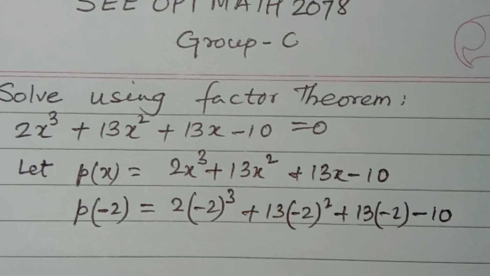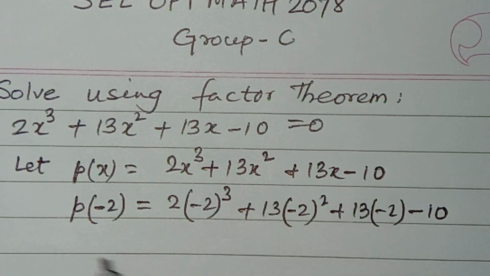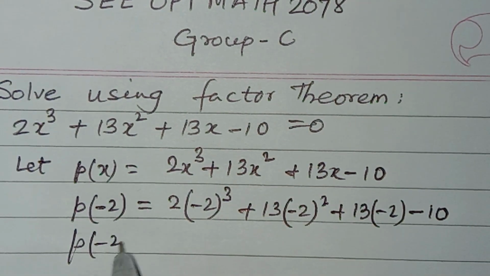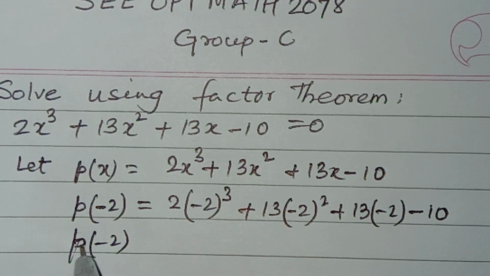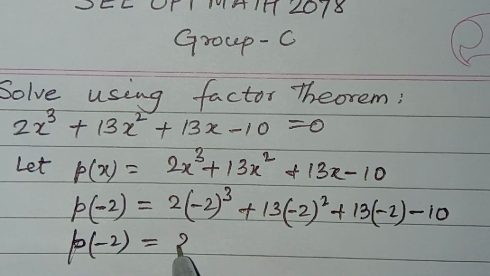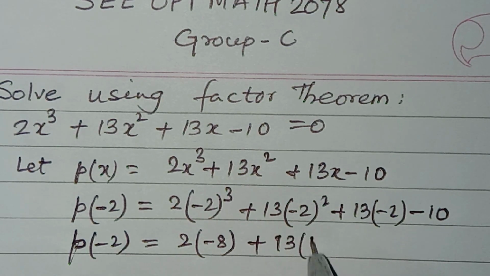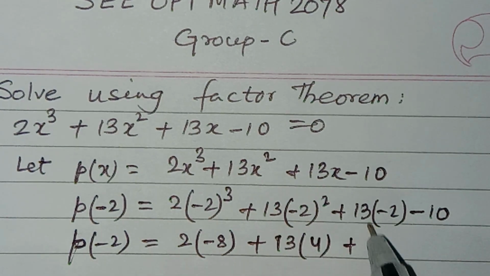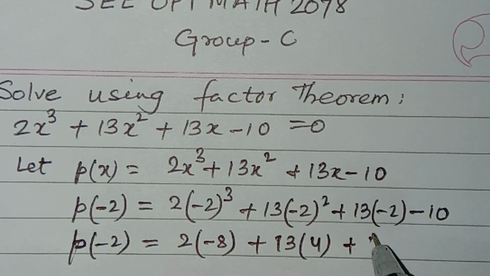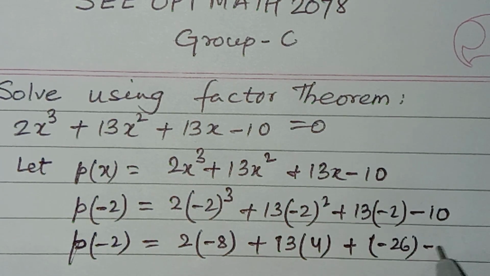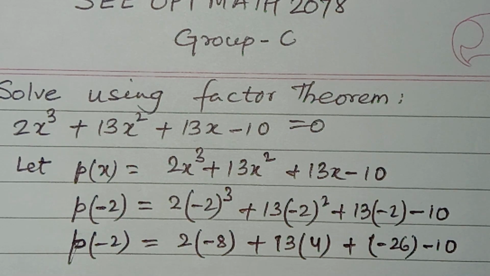So p of minus 2 is equal to 2 times minus 8 plus 13 times 4 plus 13 times minus 2, which is minus 26, minus 10.